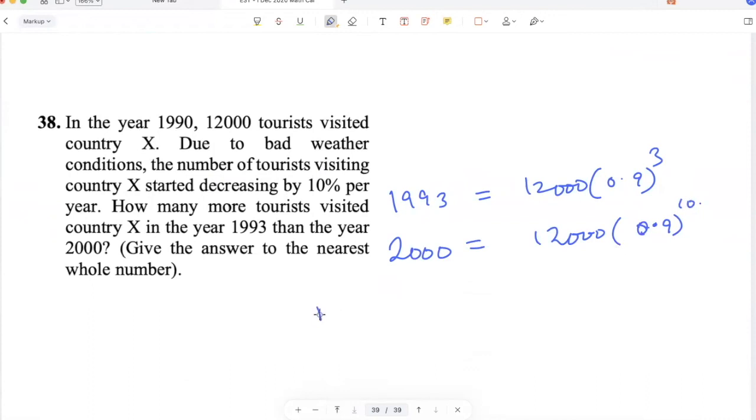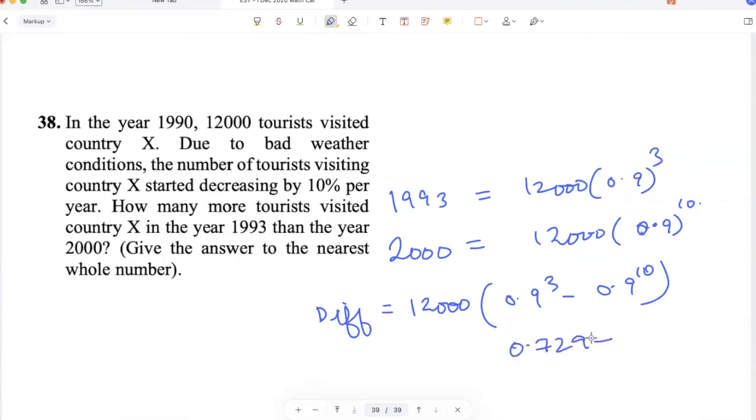So the difference would be, I can take 12,000 common, 0.9 cube minus 0.9 to the power 10. So let's just plug that in. 0.9 cube, okay, that's 0.729. And 0.9 to the power 10 will be what? 0.9 to the power 10 is 0.349.